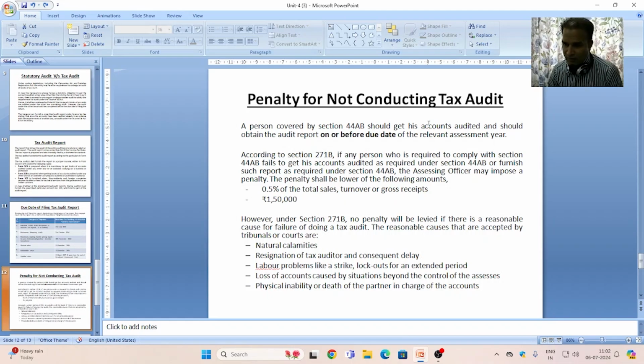But if he didn't get his books of accounts audited, then what is the provision in this situation in the act?